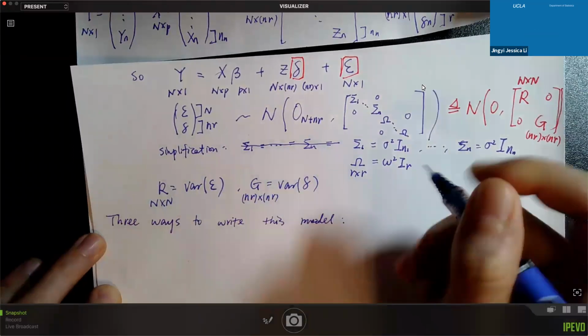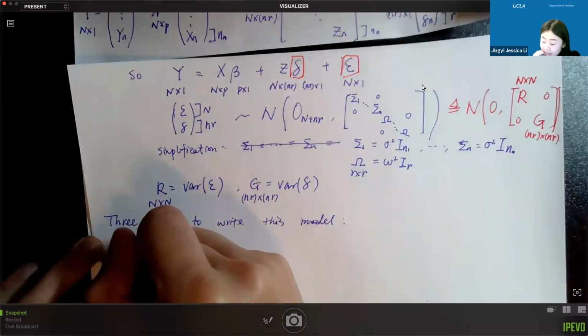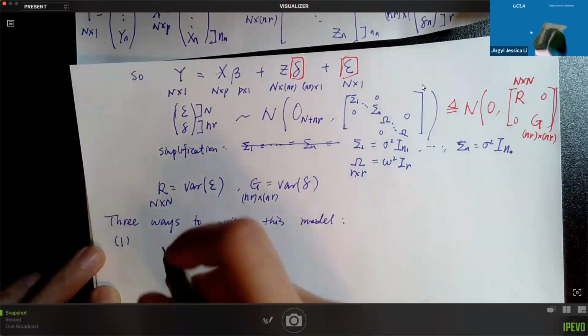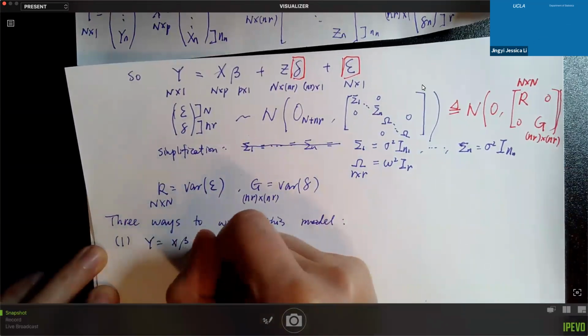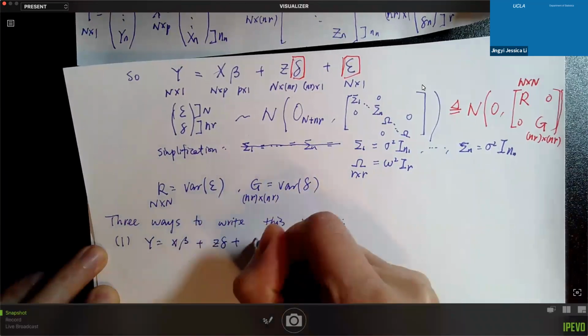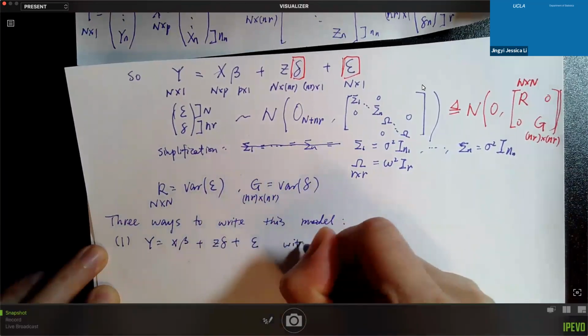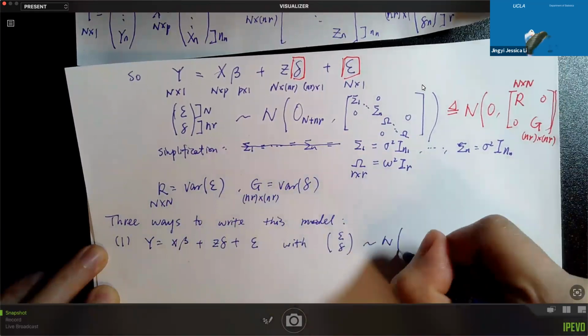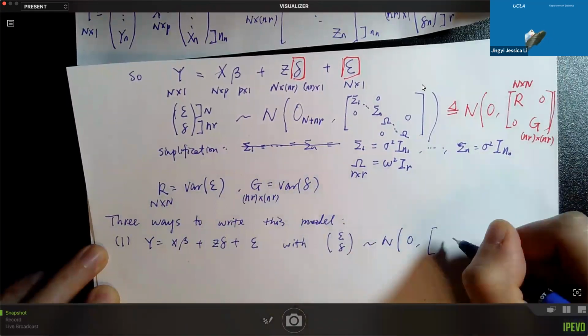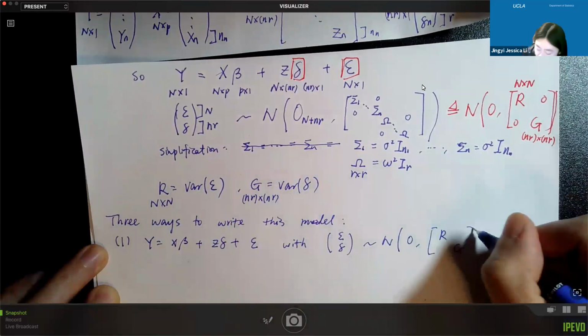The first way is what we already did. We just write y equals X beta plus Z delta plus epsilon, with epsilon and delta following a normal distribution with mean 0 and covariance matrix R and G. We just restate what we said.